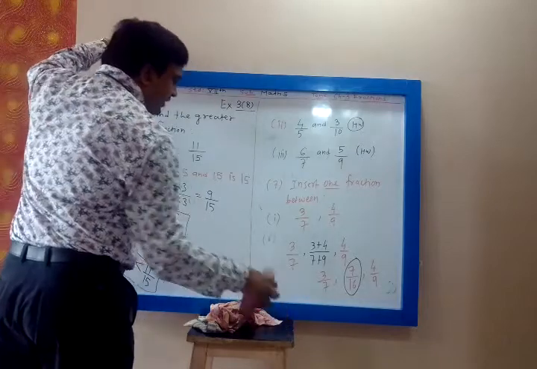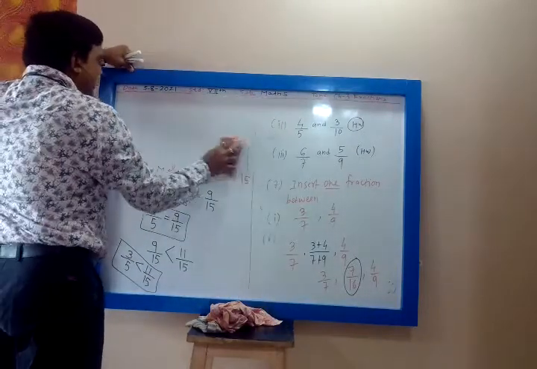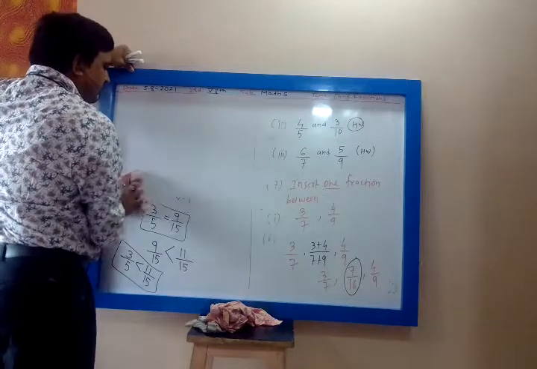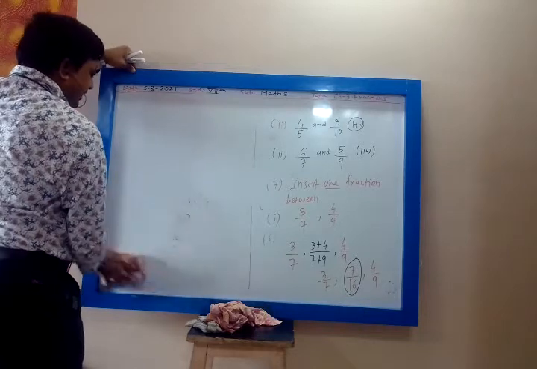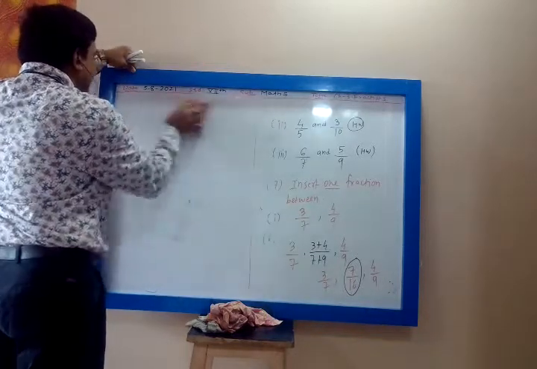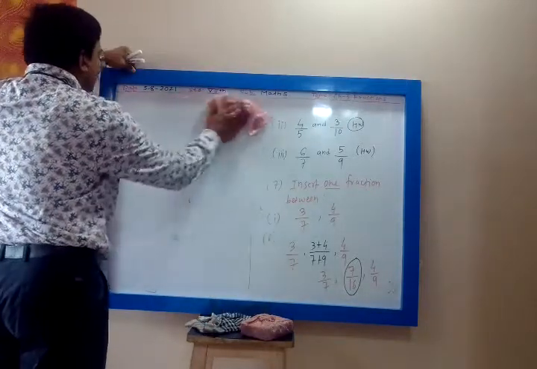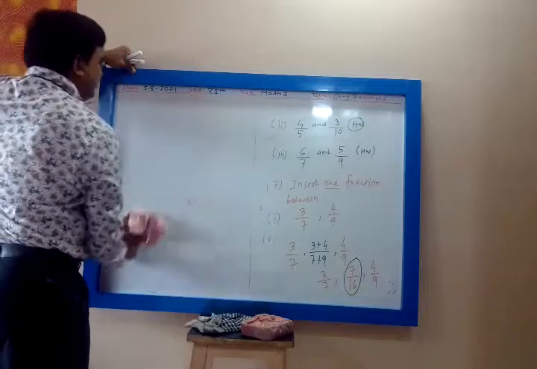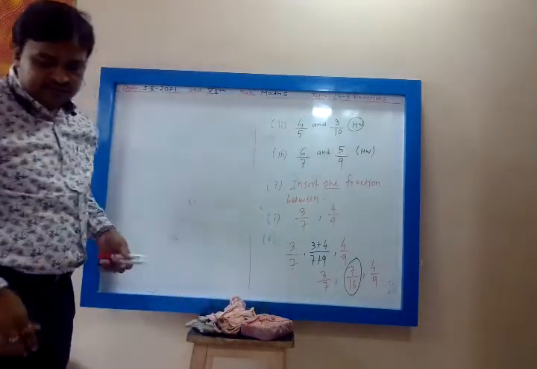To insert one fraction, you add the numerators of both fractions and add the denominators of both fractions. This is the technique, and it is used only when you want to insert fractions.